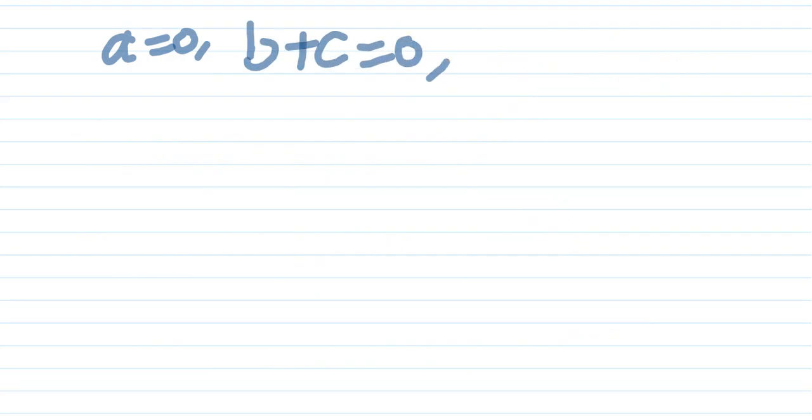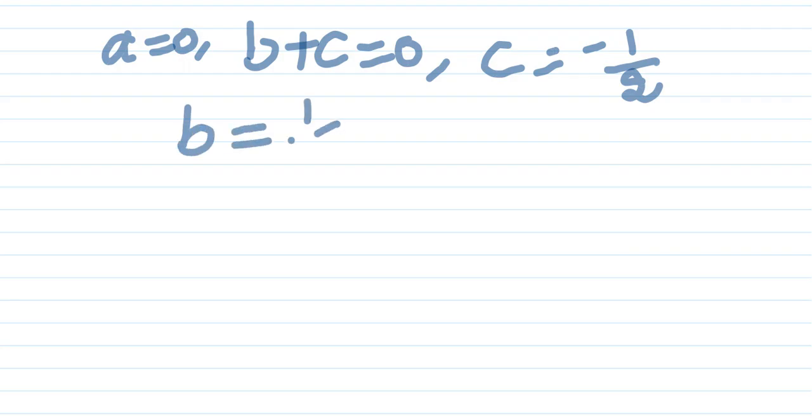So a is equal to 0, b plus c is equal to 0, c is equal to minus 1 by 2. From this, b is equal to 1 by 2.